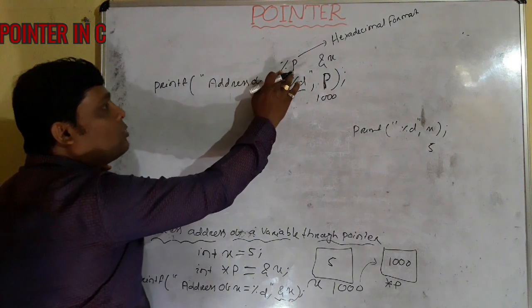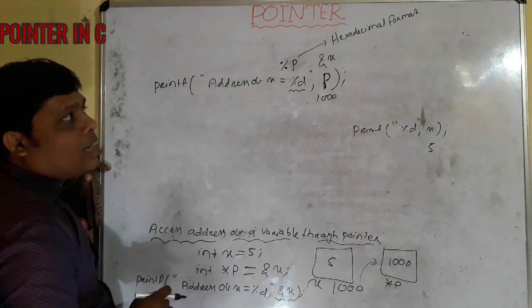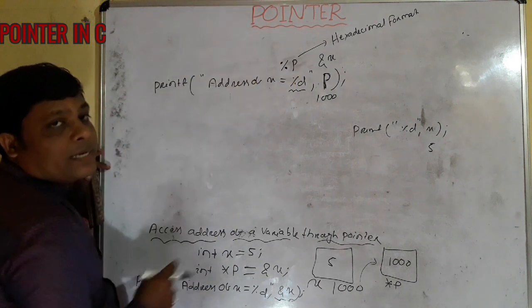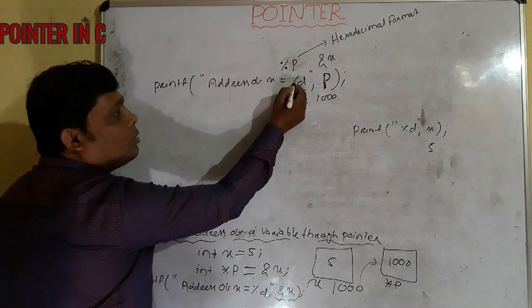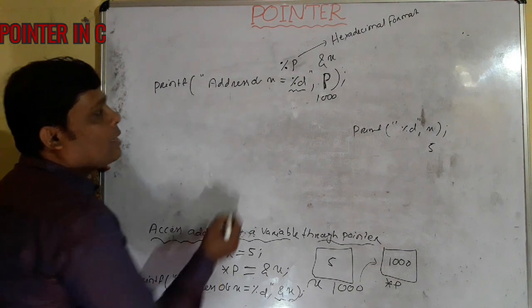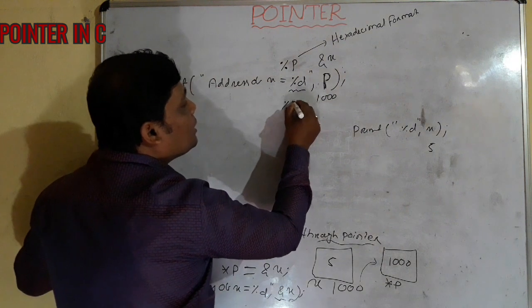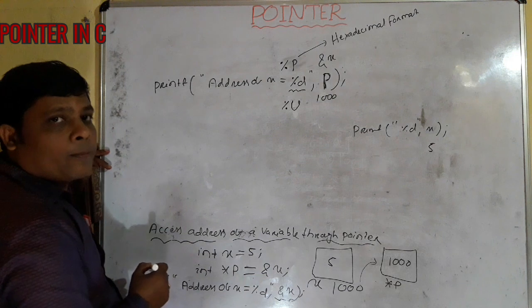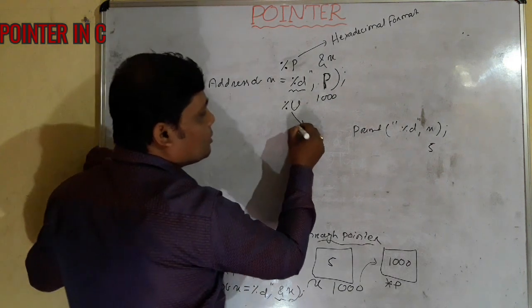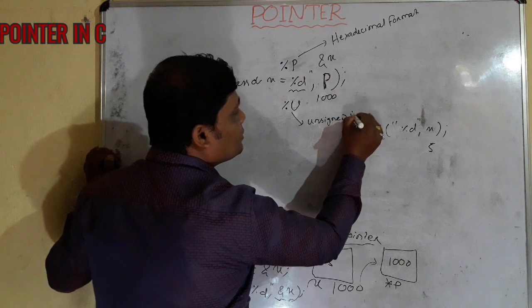If you use %p to display the address, it will display the address in hexadecimal format. If you use %d, it will display in integer format. You can use %u also, that is unsigned integer format.